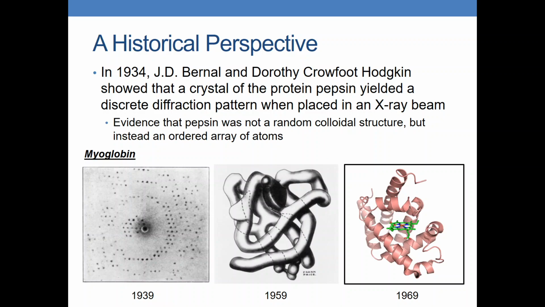So when the structure of myoglobin was reported, protein chemists and really biochemists more broadly did not immediately believe this because they thought it was too complex. They didn't see an apparent regularity in the structure. With DNA, there is a clear regularity. Everything is ordered, and it's a pretty simple structure.